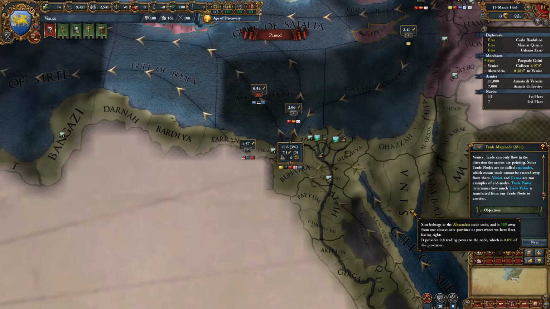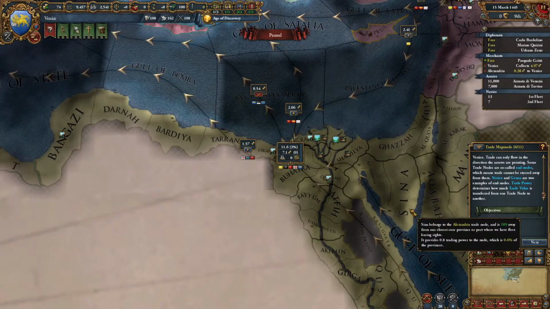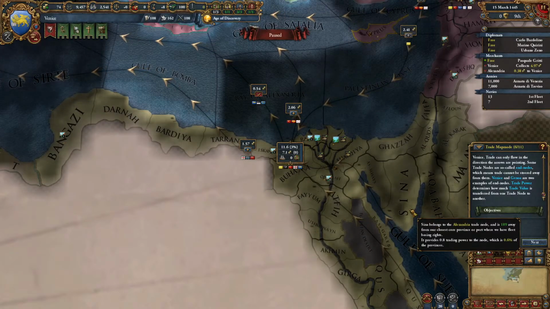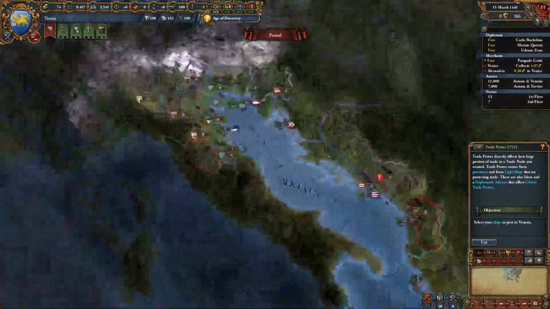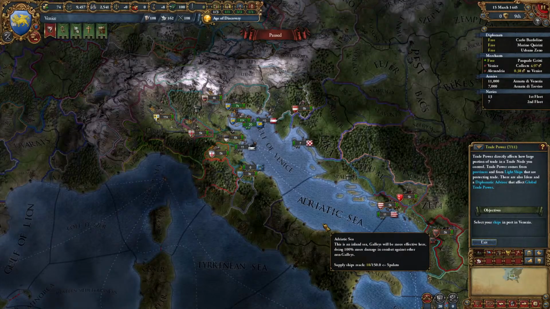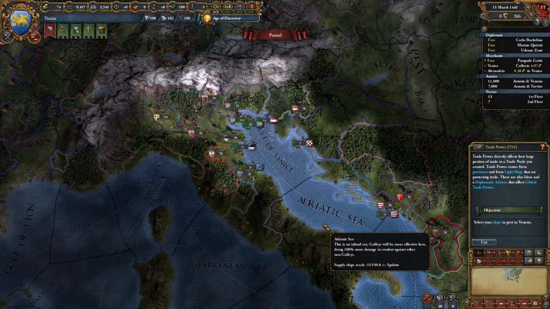Venice and Genoa are two examples of end nodes. Trade power determines how much trade value is transferred from one trade node to another.